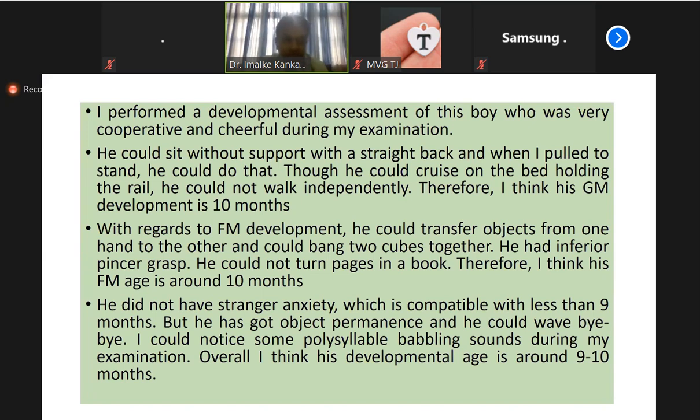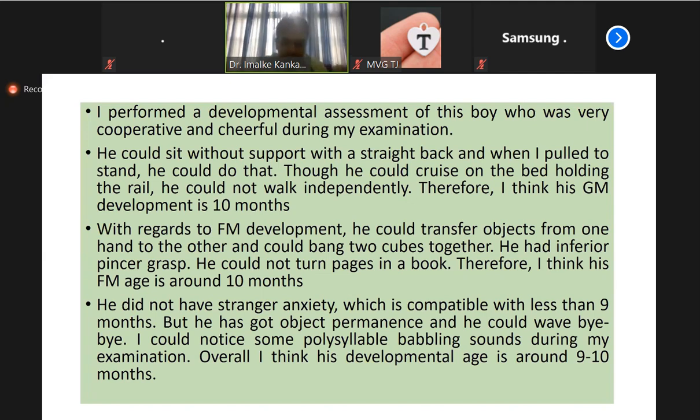He could sit without support with a straight back, and when I pulled to stand, he could stand. Though he could cruise on the bed holding the rail, he could not walk independently. Therefore, I think his gross motor development is around 10 to 11 months.